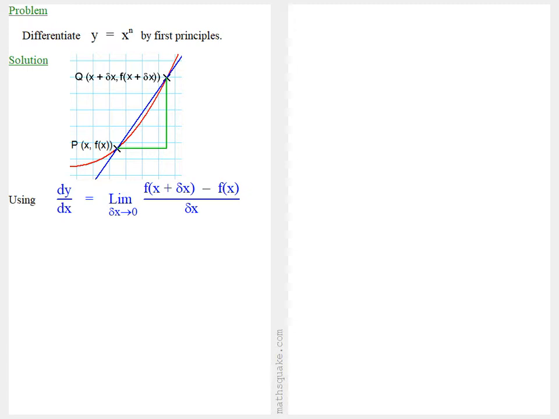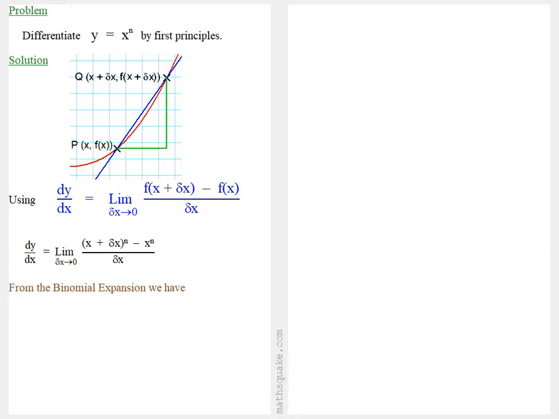But using the function y equals x to the power n, we have dy by dx is the limit as delta x tends to 0 of x plus delta x to the power n minus x to the n all over delta x.